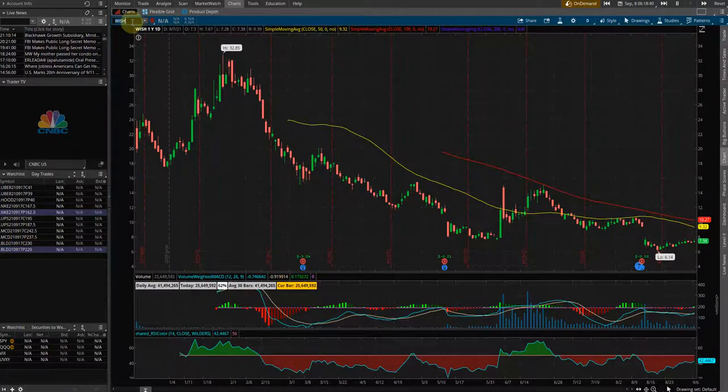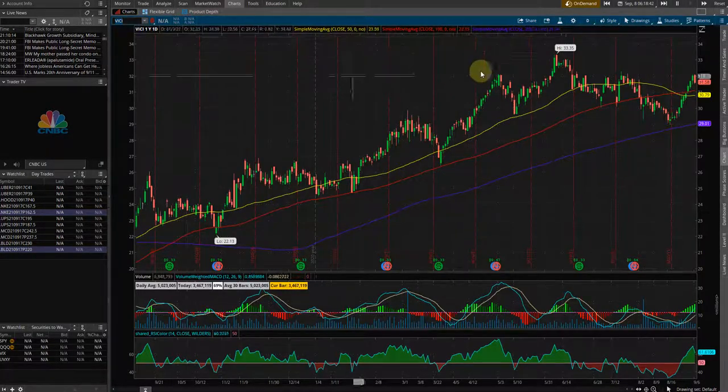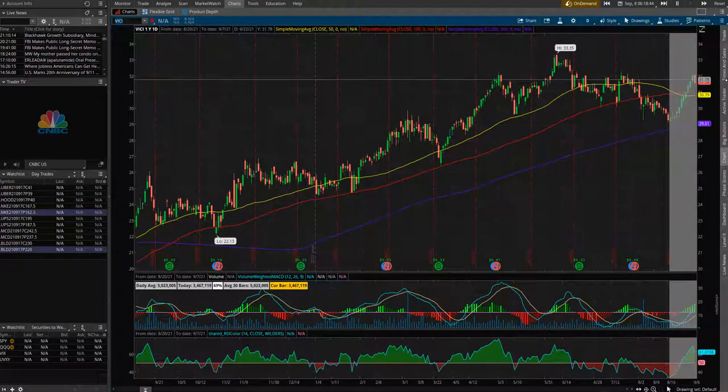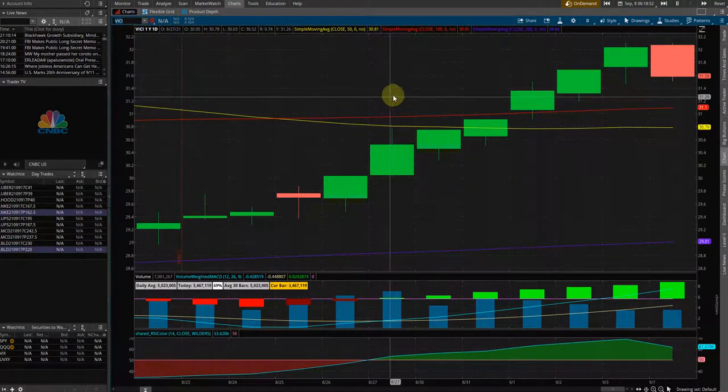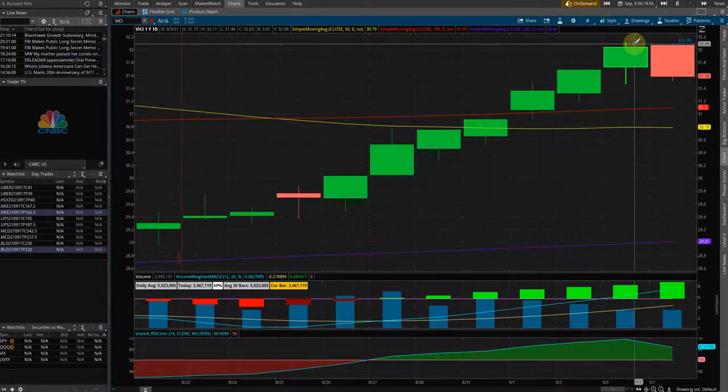So anyway, we're going to start looking at actual plays now and see if this is something that would have worked. So here on VICI, I've got a massive inside bar here. And we're just going to do what I've shown you a lot of times, which is we're going to take the high of that inside bar and the low of that inside bar.